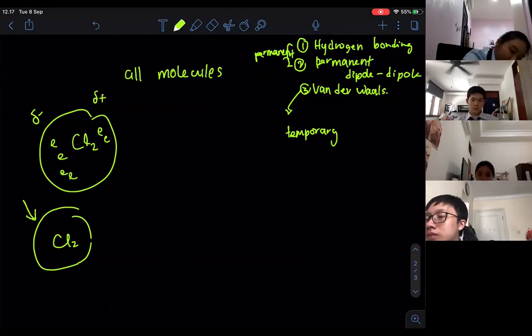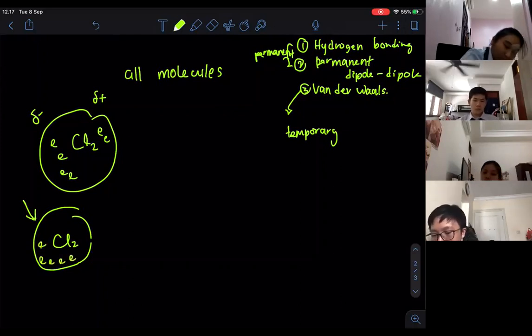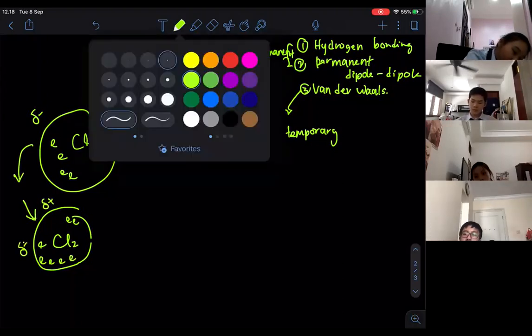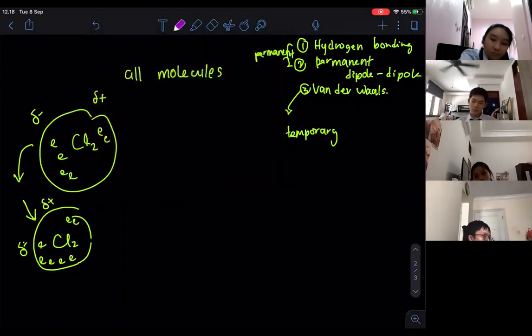So they will push the electrons to go over here, and then there will be fewer electrons here. This one will create delta positive and will create delta negative over there. And there will be some sort of temporary bonding between delta negative and delta positive over here for that instant.